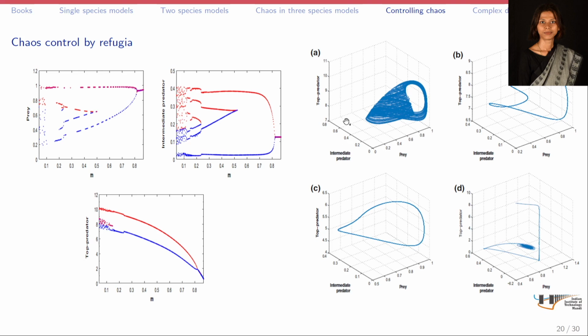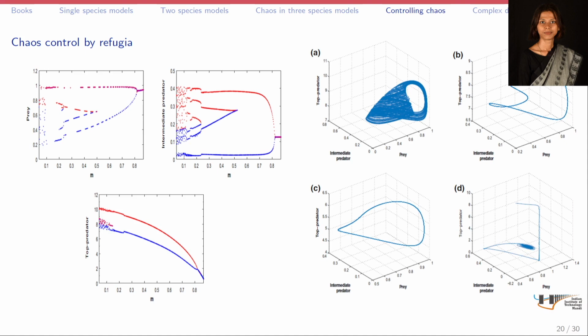Also from the phase space plot, we see that initially there is a cup type chaotic attractor for the mathematical model, and as the refugia is introduced and the value of M is increased, this chaotic attractor changes into a limit cycle, and finally into a stable focus.